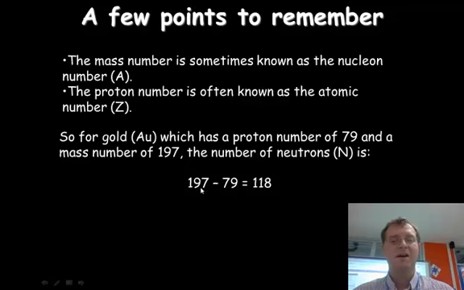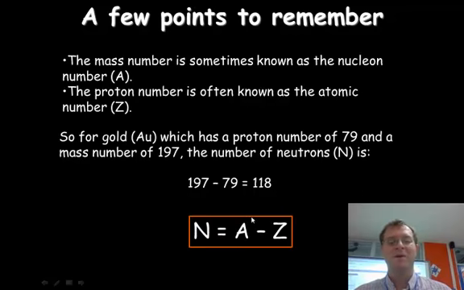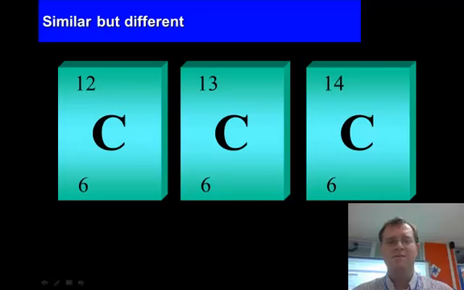Subtracting 79 from 197 gives me the number of neutrons, which is 118. So you've just got to remember that the number of neutrons equals the mass number minus the proton number. That's one little thing that you need to recognize.